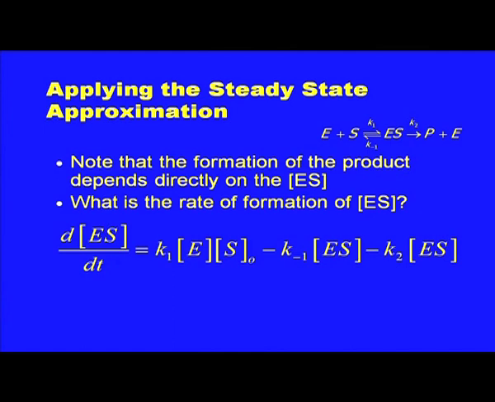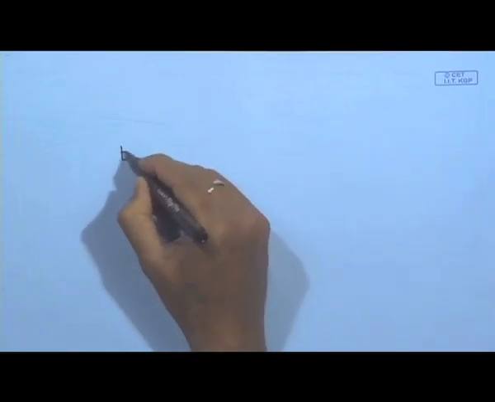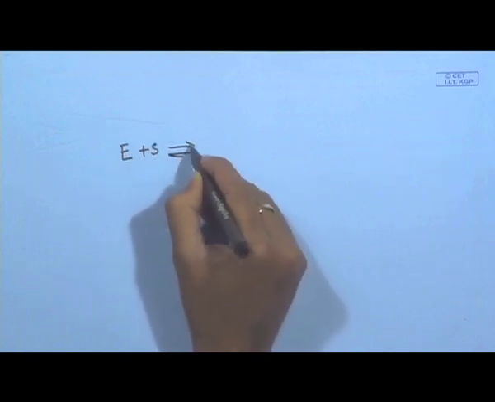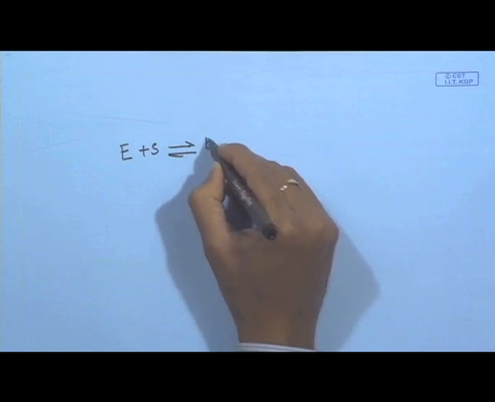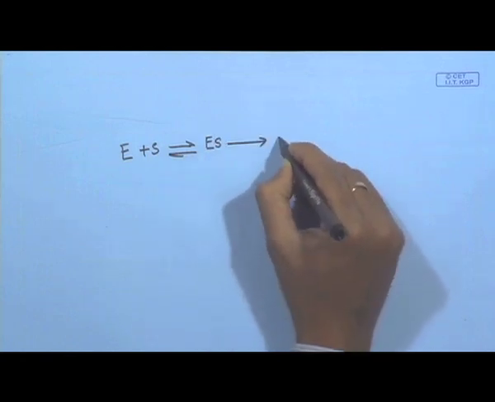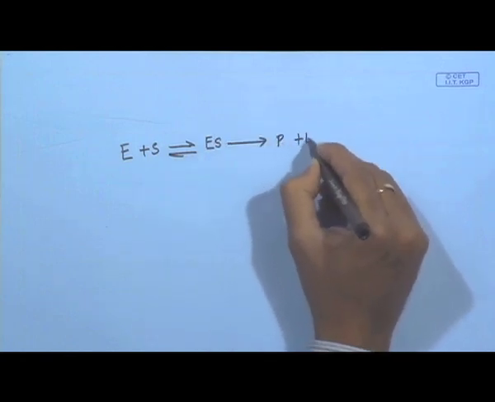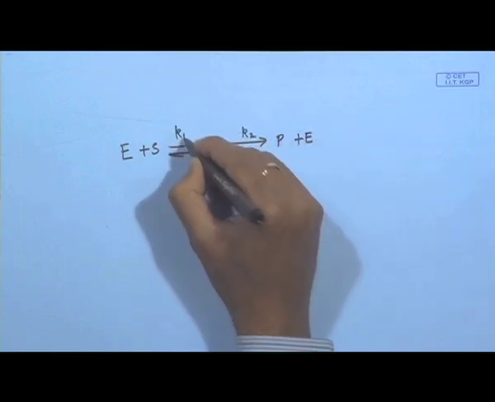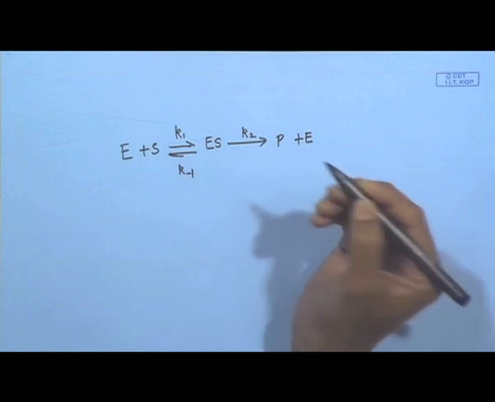So, let us write down the step: E plus S giving rise to ES, giving product plus enzyme back. This is K2, this is K1, this is K minus 1.